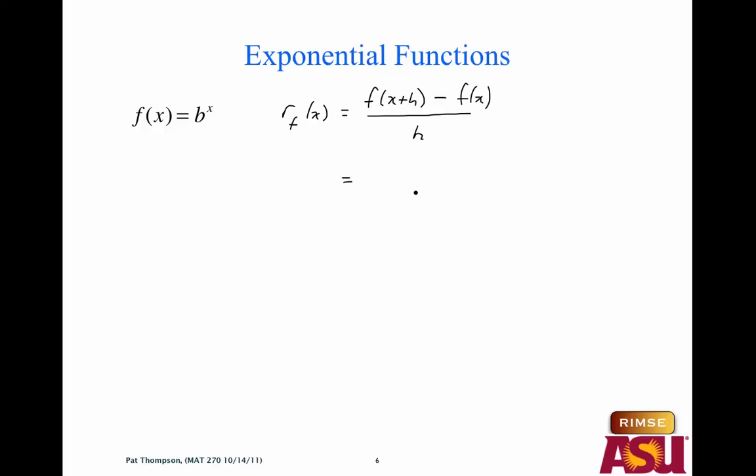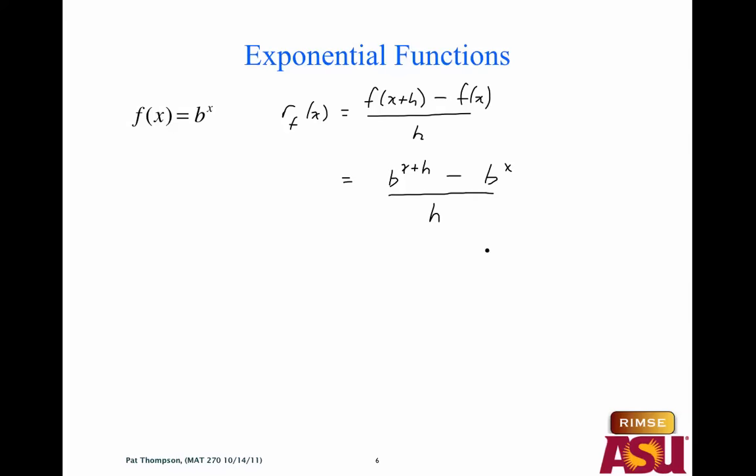So what will I get? That's it. We're going to plug the, she said, plug the x plus h in for x. So that's b to the x plus h minus b to the x all over h.